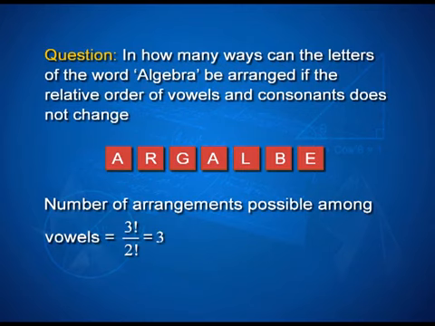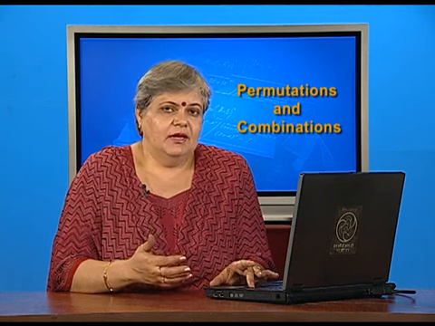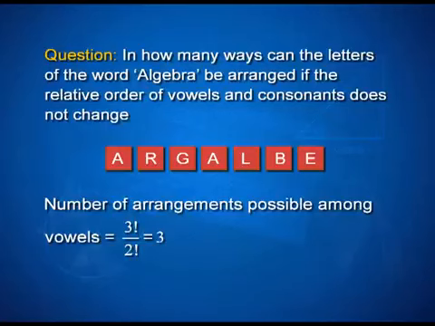Consonants must appear in the other 4 places, but they can themselves permute. That means, instead of A in the first place, I may have E, and correspondingly the other 2 letters will change. Similarly, I can have different permutations coming up by changing the consonants in their respective places.